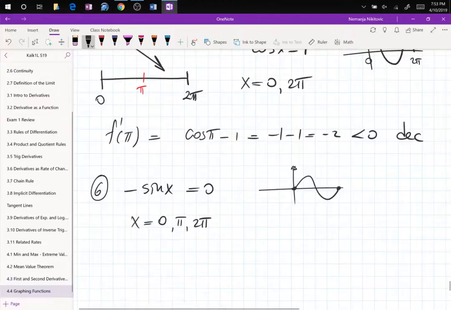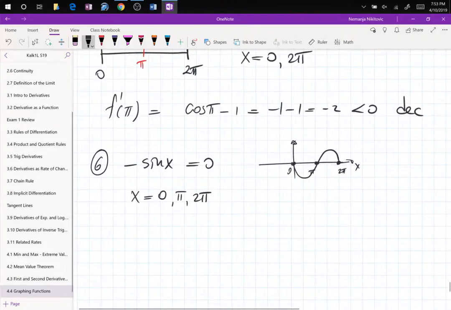So for the sine function, those are the values 0, pi, and 2 pi. Oh, this is a negative sign, so negative sine, there you go. It doesn't matter because you multiply both sides by negative 1, and 0 kills it anyway.